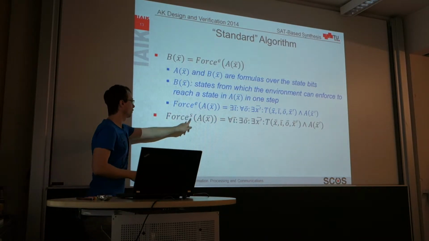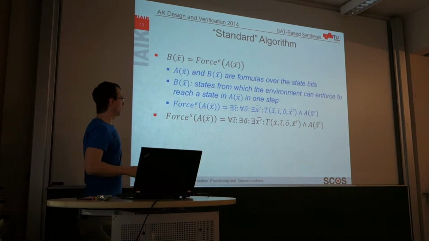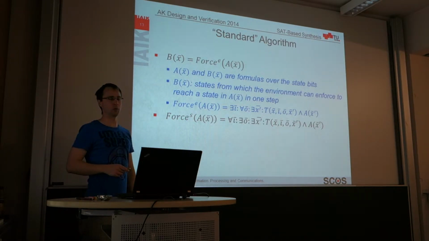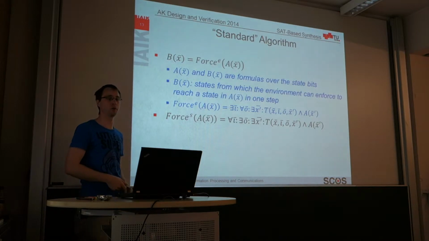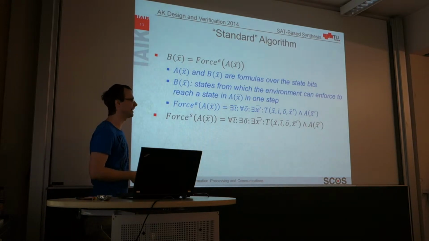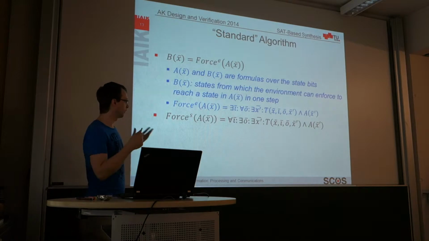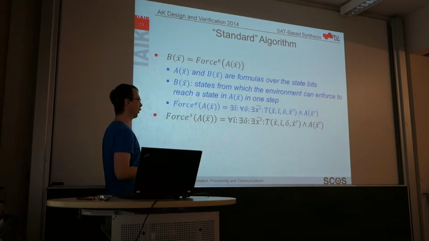Similarly, we can of course also define a function force S, which gives us the set of all states from which the system can enforce to reach a state of A in one step. This is just similar, but exactly the opposite thing.